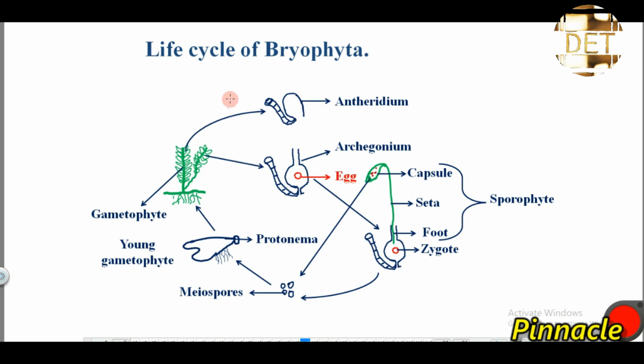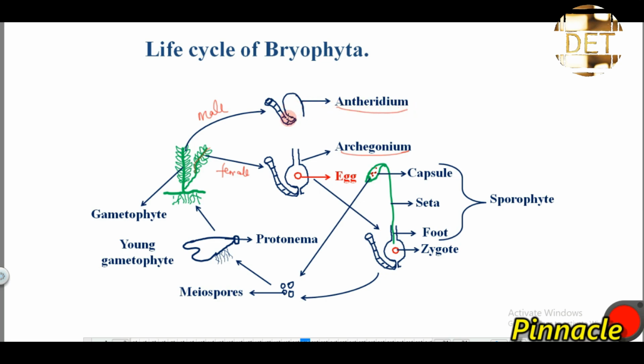So let's look at the life cycle of Bryophyta. It starts with the gametophyte plant. The female part of the gametophyte is called the archegonium, and it contains the egg. This is the male part of the plant, called the antheridium, and it contains the sperm.